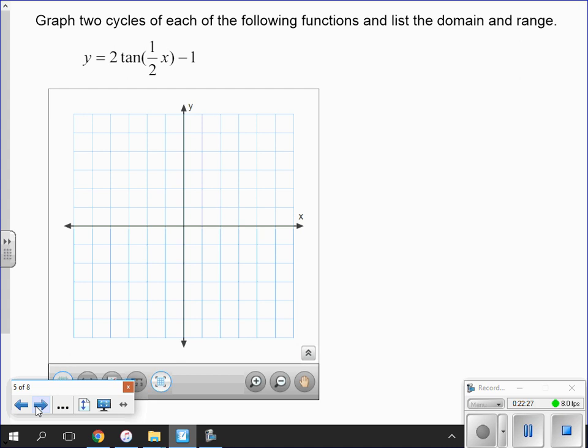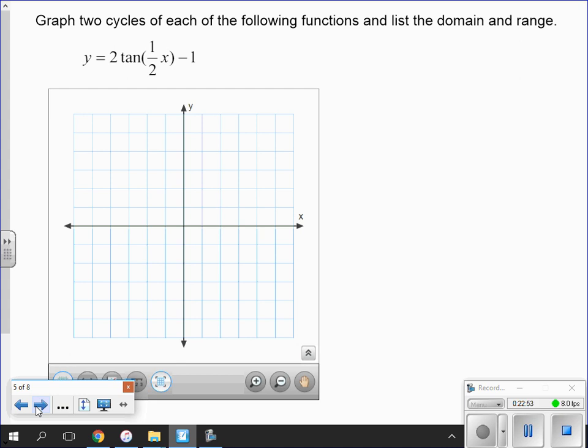Okay, so this is where it gets a little tricky. The 1/2 x is what makes this one the hard one. So I need to do a period adjustment. What's the normal period? What was the period for sine and cosine? 2 pi. What's the period for tangent? Pi. There you go.